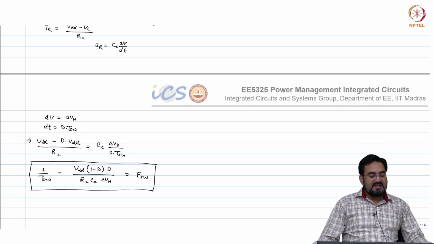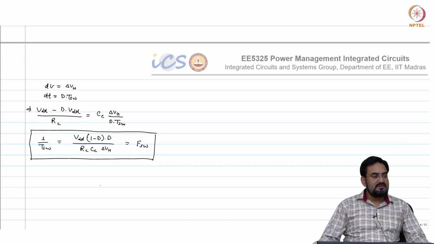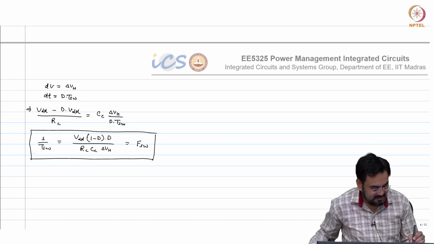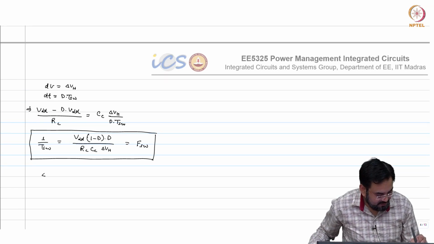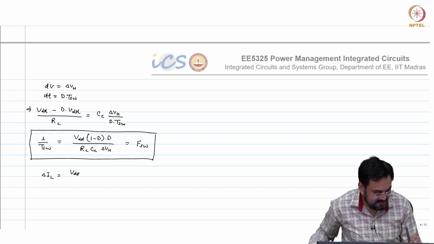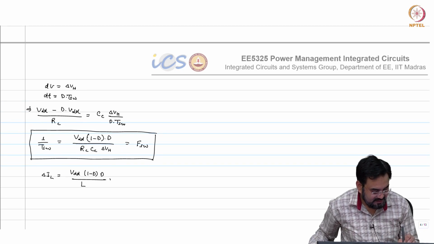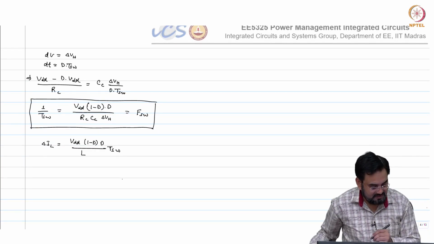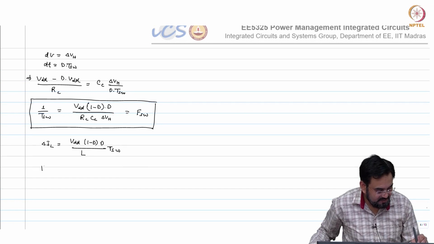There is one more component, delta VH. Okay, what was the equation for the inductor? Let us say I want to write in terms of current. So, what is delta IL? Inductor current is VDD 1 minus D over L into TSW. This is what you have. So, what will be the FSW?